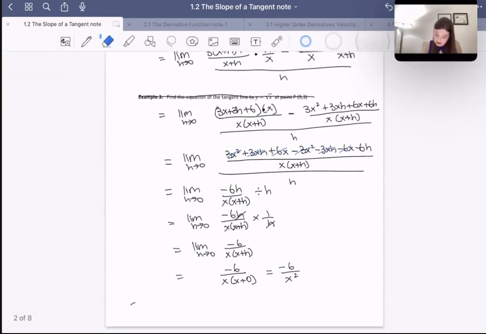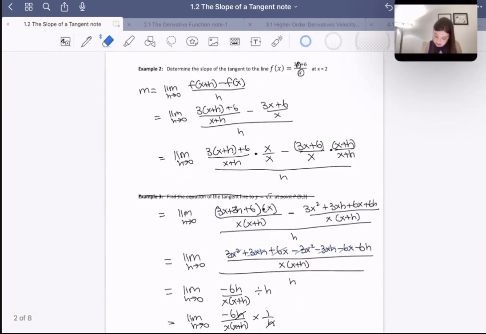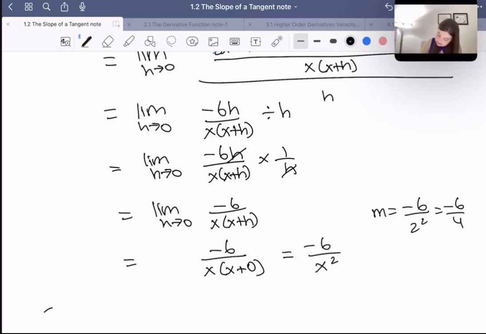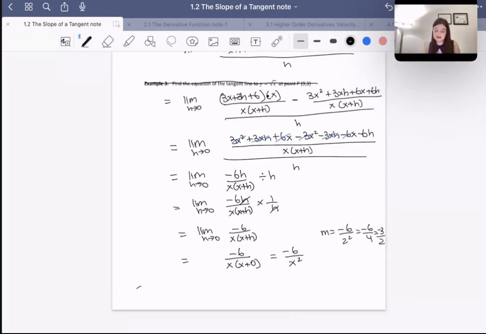Now they told us to do it at x equals 2 specifically. So my last step is just to plug in 2 and say that m therefore is equal to negative 6 over 2 squared, which is negative 6 over 4 equals negative 3 over 2. And so negative 3 over 2 is the answer.